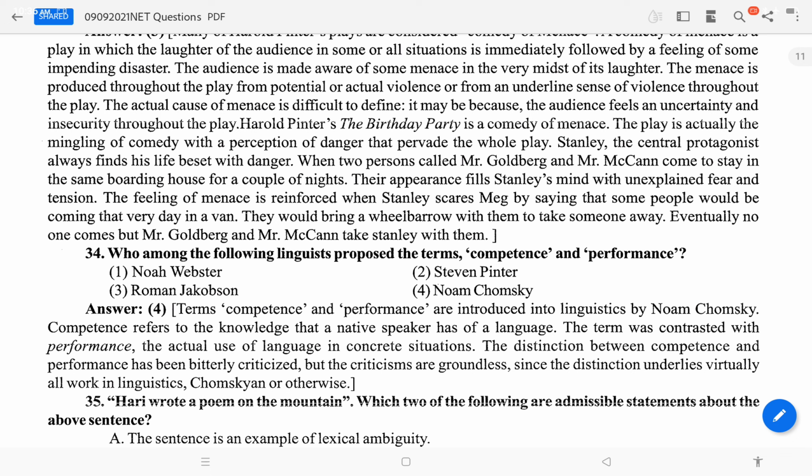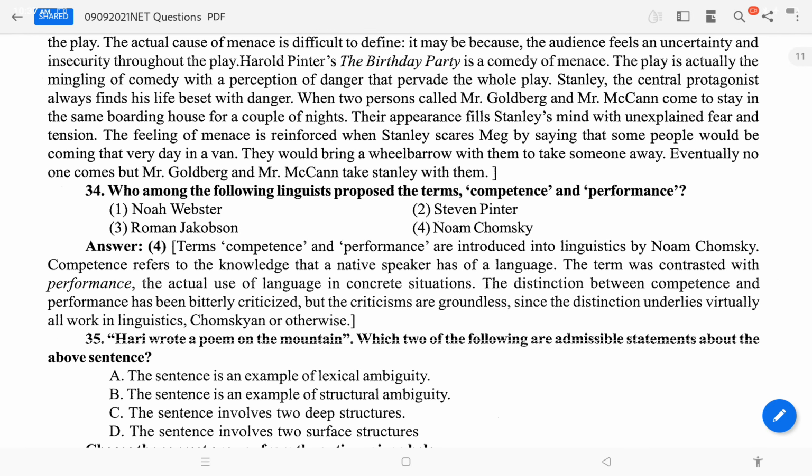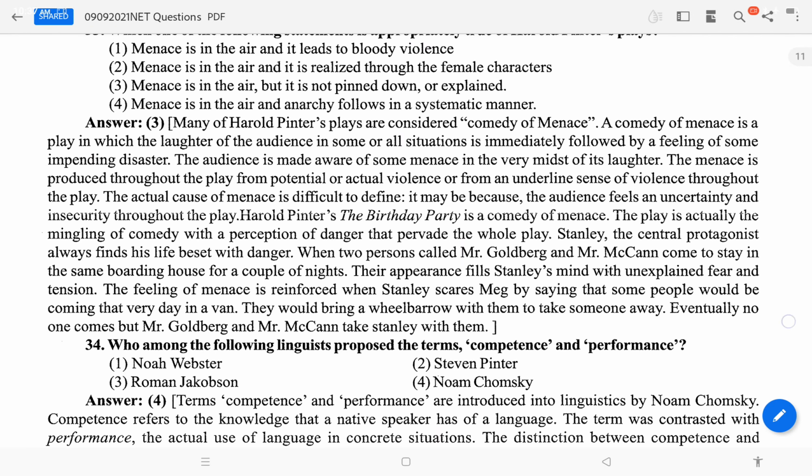The feeling of menace is reinforced when Stanley scares Meg by saying that some people would be coming the very day in a van. They would bring a wheelbarrow with them to take someone away. Eventually, no one comes, but Mr. Goldberg and McCann take Stanley with them. So, this is comedy of menace. So what is the right answer? Menace is in the air and it is not pinned down or explained, so it is totally absurd.